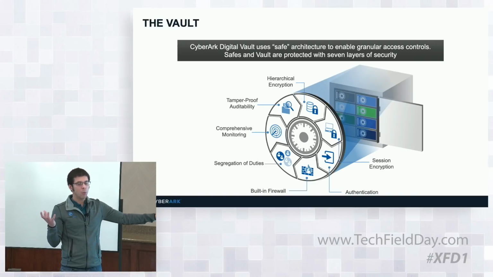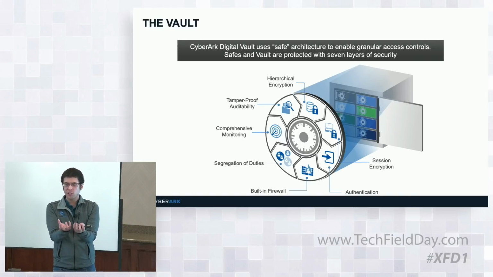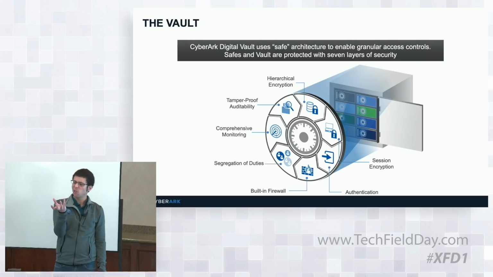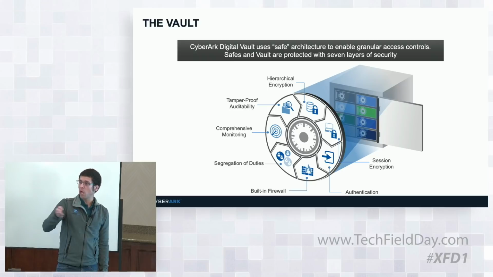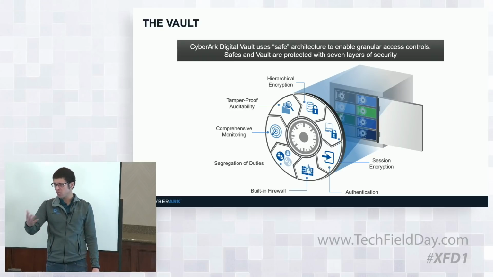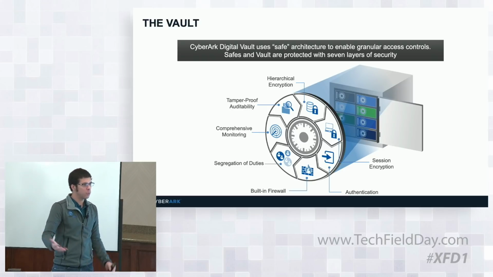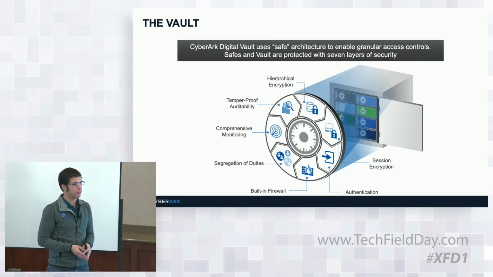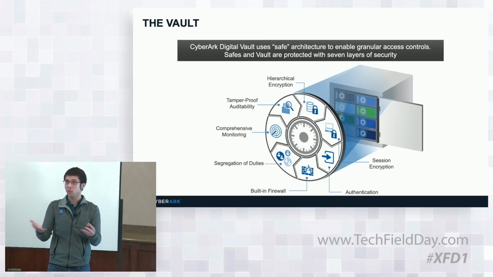Within that vault, we have these logical containers called safes. Safes are our element of role-based access. In a safe, you have multiple objects: credentials, files, secrets, grandma's cookie recipe, whatever you choose to store inside that safe. And one of my favorite parts of the solution itself is a hierarchical encryption model.